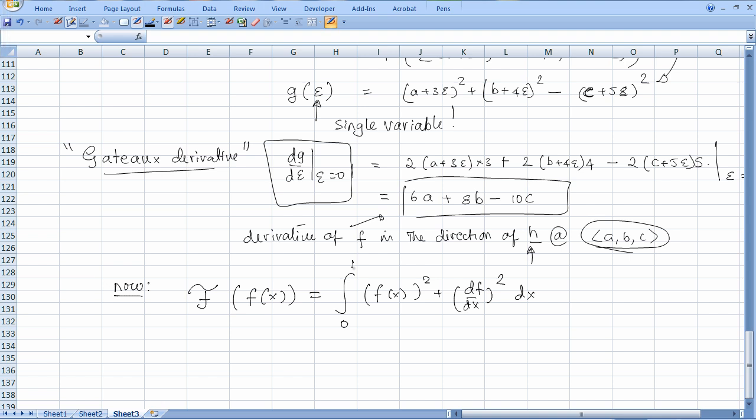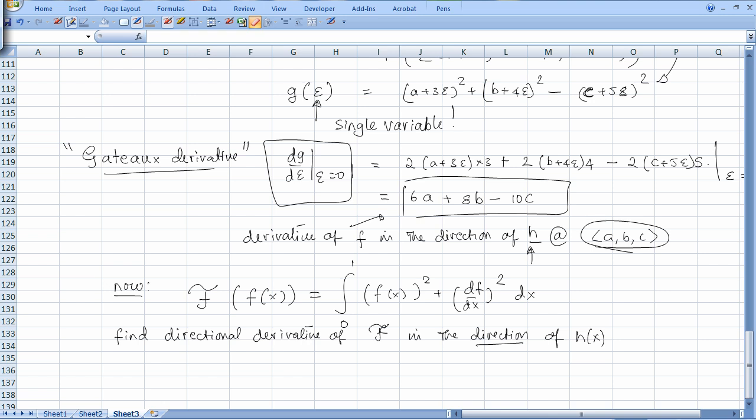So I want to find the directional derivative of F of x in the direction of h of x, which you think, what the heck do I mean by direction?